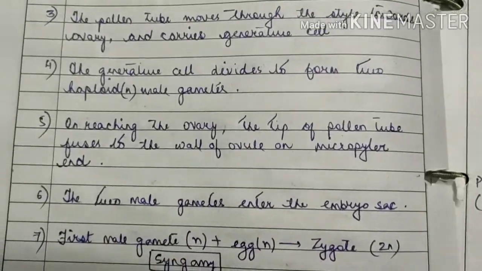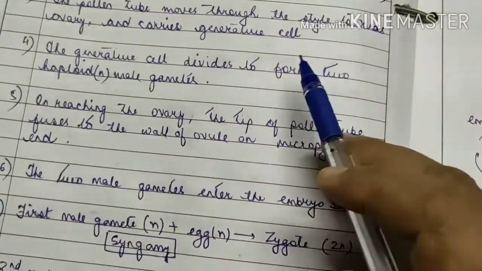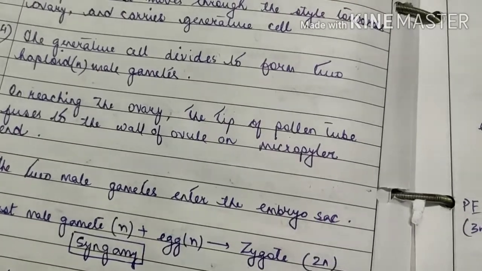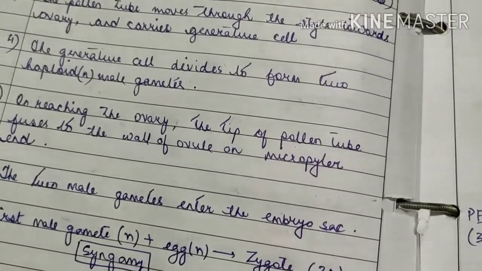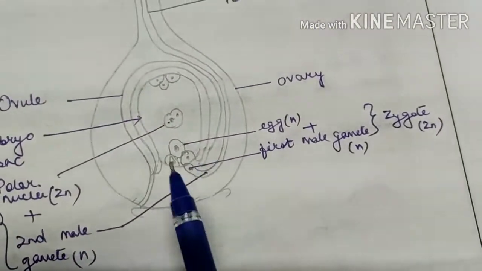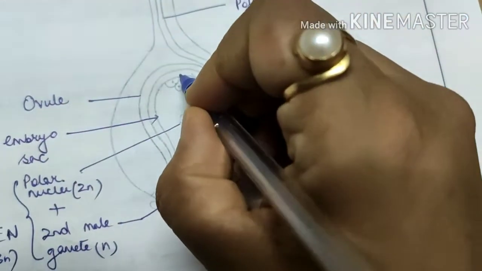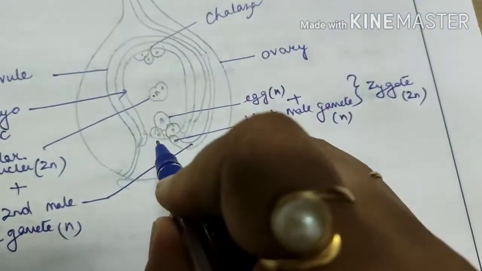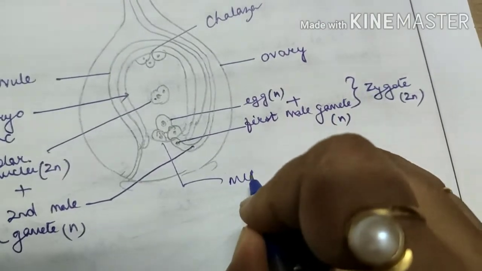Then you can see the next part. What happens afterwards? When this pollen tube reaches near the ovary, the tip of the pollen tube will fuse to the wall of the ovule. Now you can see here in the diagram, there are two ends. I have already marked them. This particular end of the ovule is known as chalaza, whereas this end is known as micropyle.